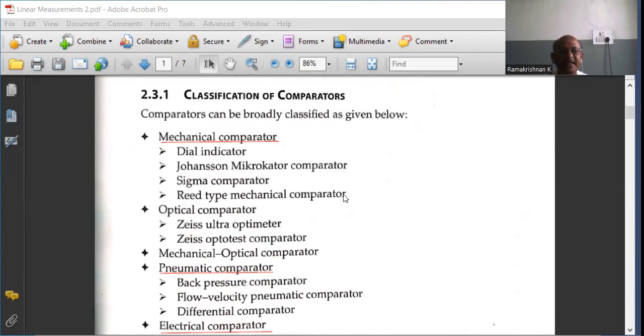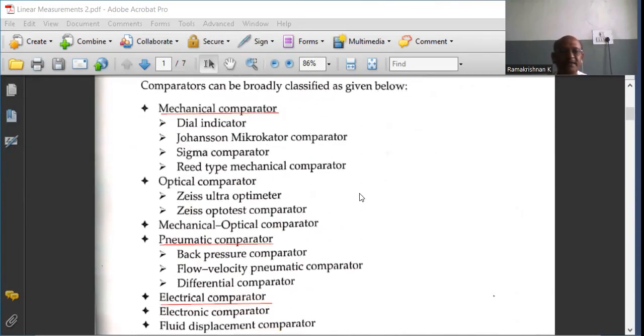There are many classifications of comparators: mechanical, optical, mechanical optical, pneumatic, electric, electronic, and fluid displacement comparators. Now let us discuss some mechanical comparators.